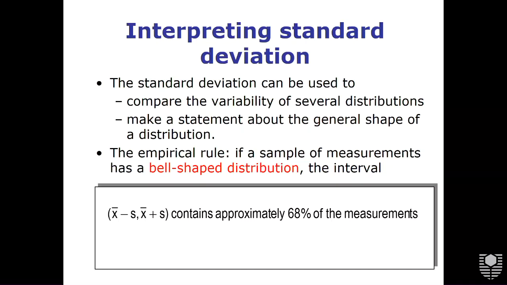When we find any statements that talk about the empirical rule, that means your data is represented as a bell-shaped distribution. Empirical rule. It's not a good bell shape, I'll draw it like this.